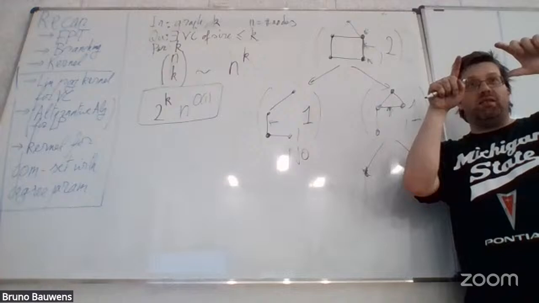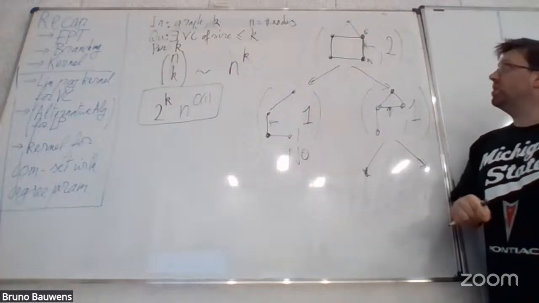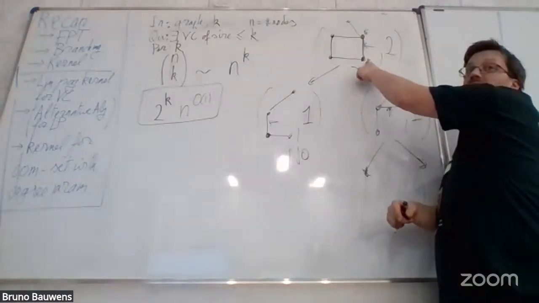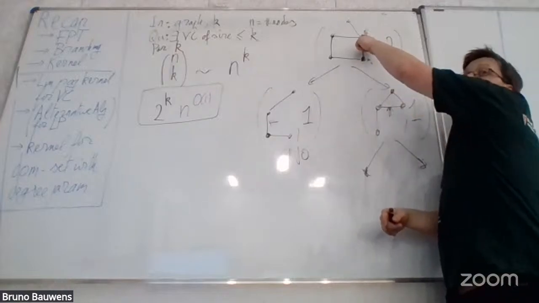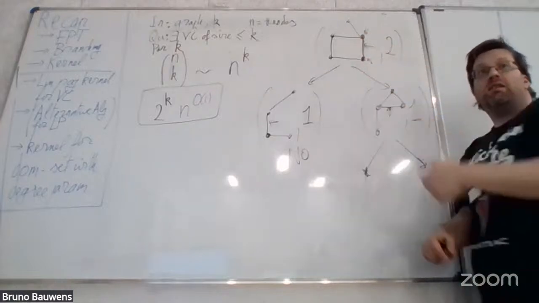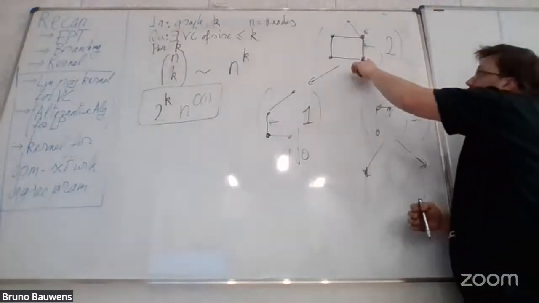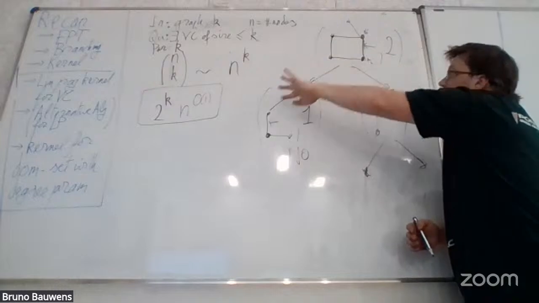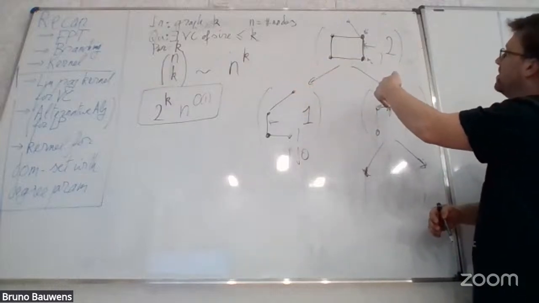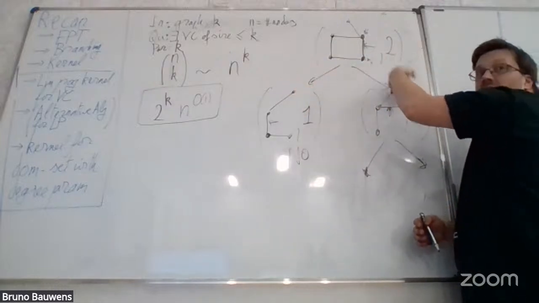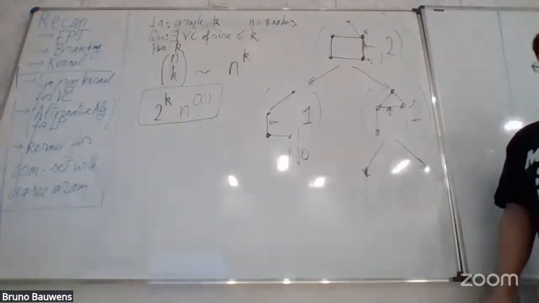And so we have two cases. Either this is in the vertex cover or this is in the vertex cover. And then we decide, imagine that we believe this is in the vertex cover, then we go to this branch, or the other branch.